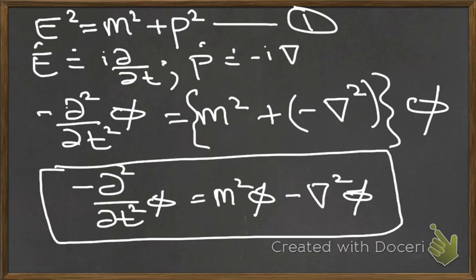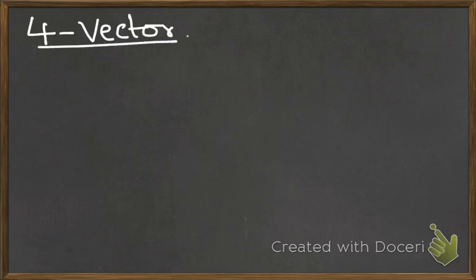But we are talking about relativistic quantum mechanics, and therefore we shall switch to a 4-vector notation. And to do that, let's start with what is a 4-vector. Well, let me write this down first.